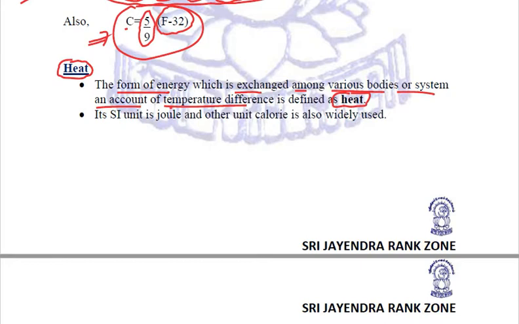Since it is a form of energy, the SI unit of heat is the joule, as all forms of energy have the same SI unit, joules. And there is another unit, the calorie, that is also widely used.